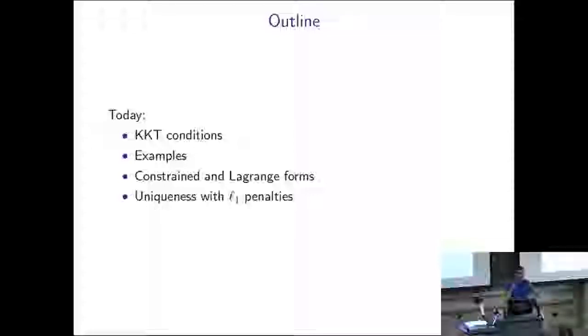We're actually going to prove that those are equivalent. And the last thing, which I hope to have time to get to, because it's not that complicated, and I think it's an interesting conclusion, is we can use the KKT conditions to prove that for a very general class of problems that have L1 penalties, we get a unique solution as long as the data are sufficiently random. So it's an interesting example of uniqueness without strict convexity.